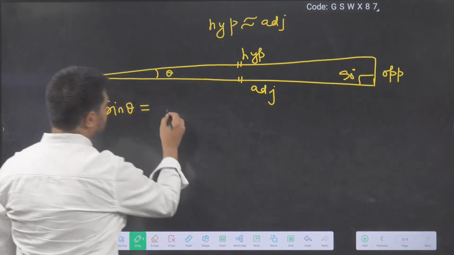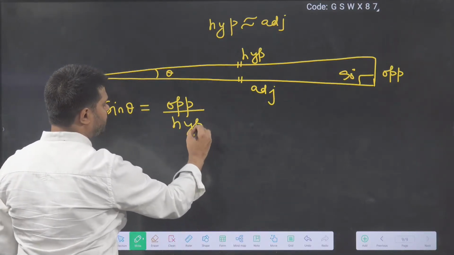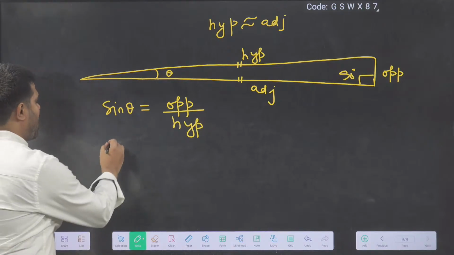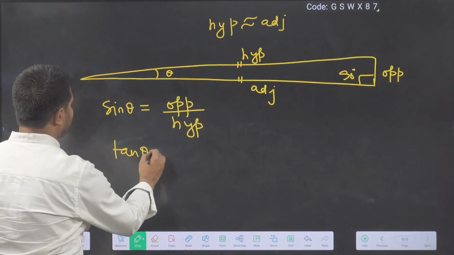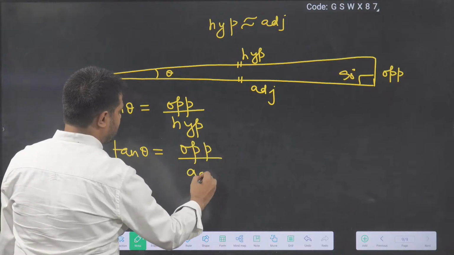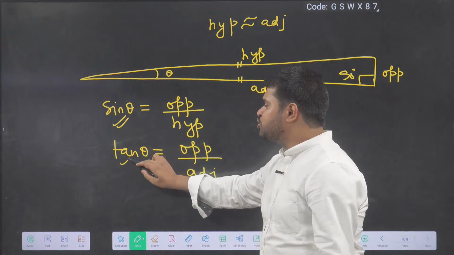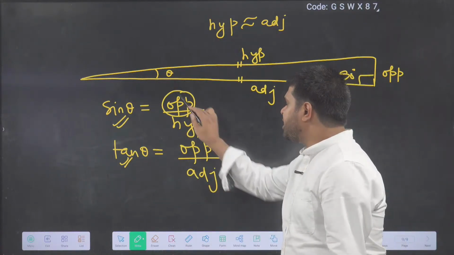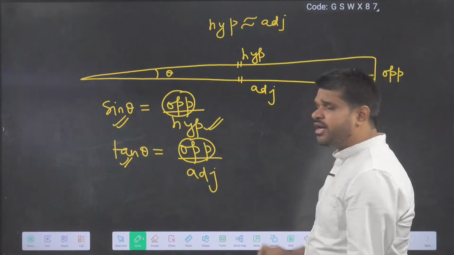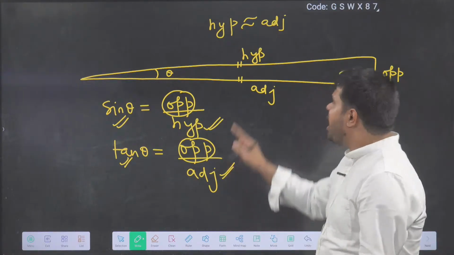Now everyone see, sine theta is opposite by hypotenuse, and tan theta is opposite by adjacent. If I compare these two, the numerators are the same, opposite. In the denominator, hypotenuse and adjacent.